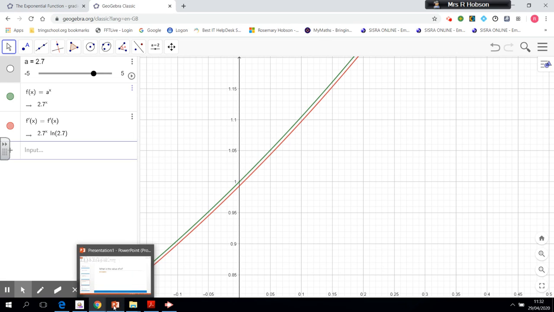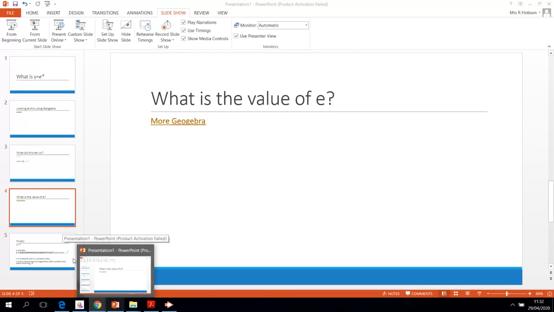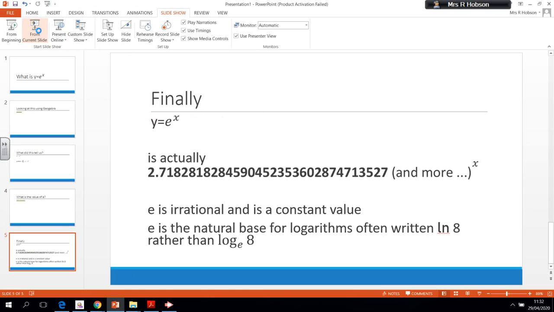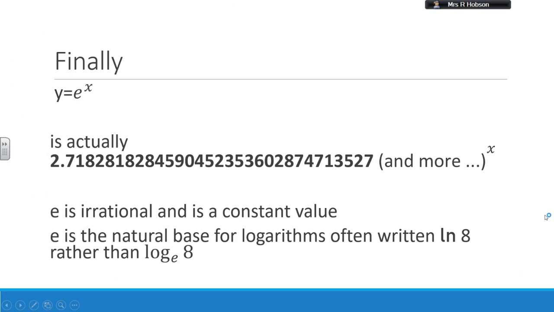So what is this magical value of e? Well, the magical value of e, let's go back to our PowerPoint now, is actually 2.7182884590345235360287471352 and more.